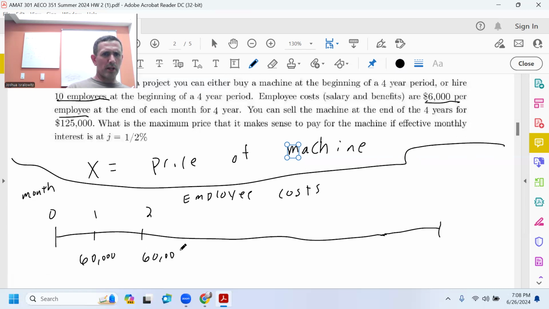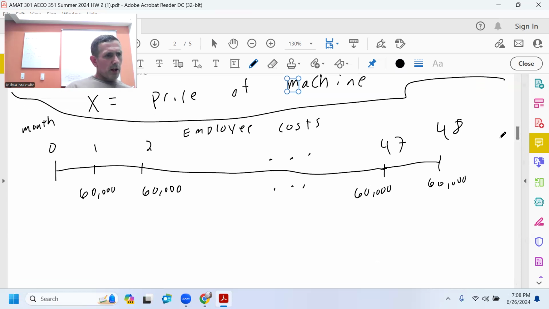So that's how much you're paying at the end of each month, all the way until the last ones, 47, 48, 60,000.